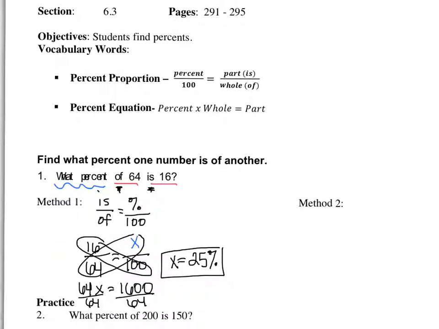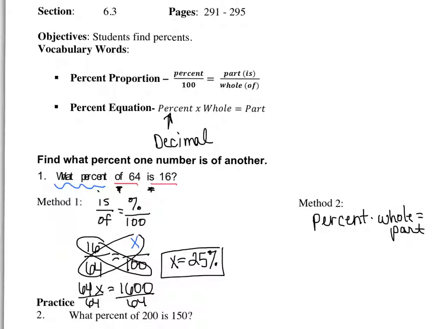Method 2 is asking me to use my percent equation. Just make sure that when you write that percent in your equation that you're using the decimal form, not the ratio form. I'm going to write down the whole equation: percent times whole equals part.